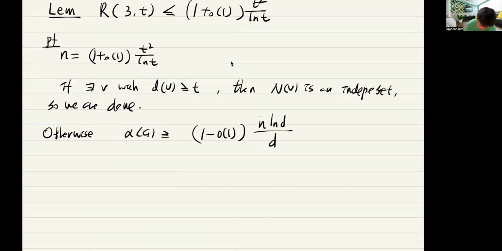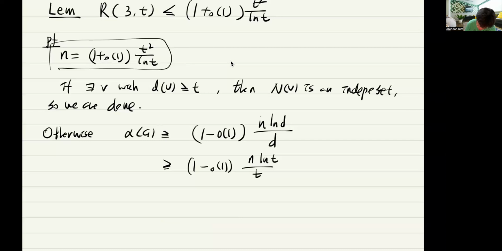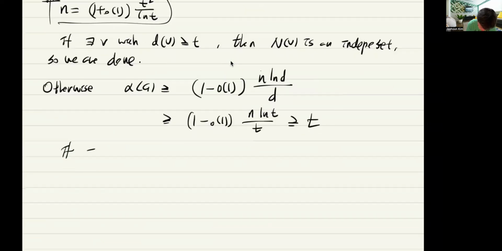And if you apply t here, then what? n over t log t. And then from here, what you get? This is bigger than or equal to t if we choose the o(1) term correctly.